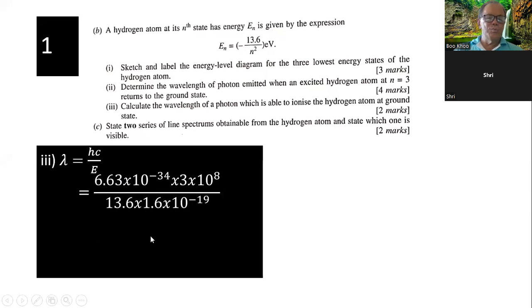Change it to joule. Calculate out. State 2 series of line spectrum obtainable from the hydrogen atom and state which one is visible. Okay. State for me.